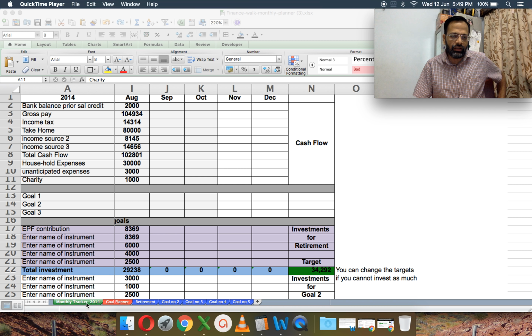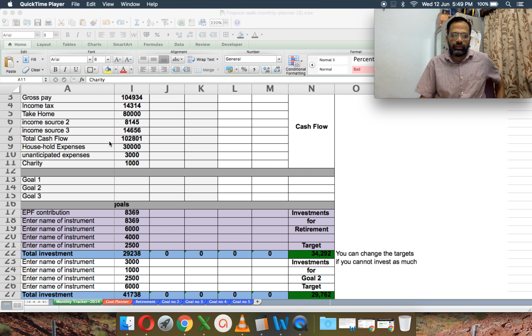This one here is a monthly tracker, and it says 2014. Of course, you can change it to the current year and so on. Every month I write down particulars about my salary, how much will go for expenses. Of course, I don't do that now; I used to do expense tracking a few years ago.